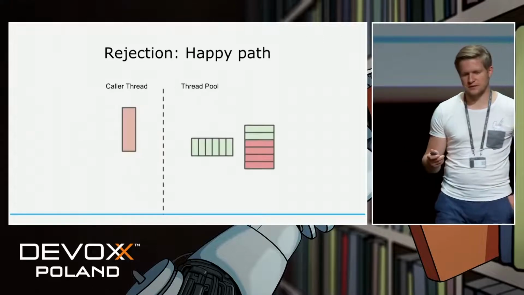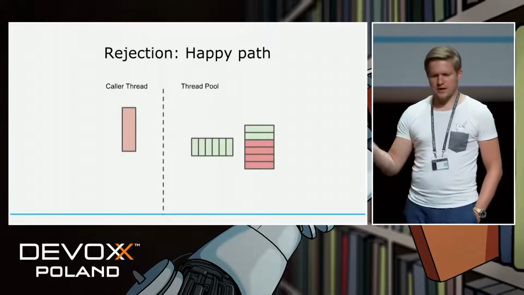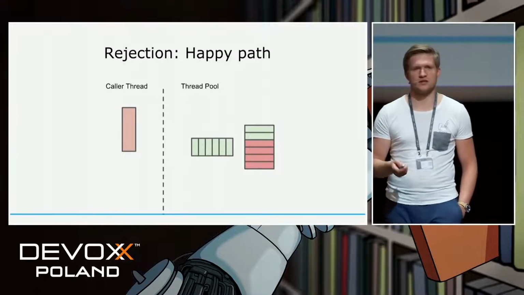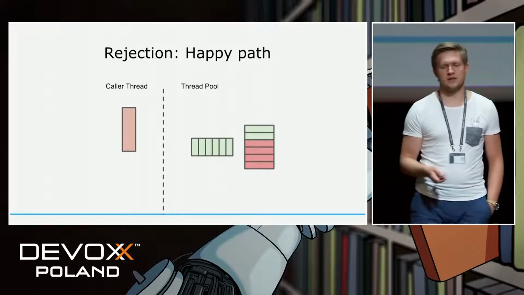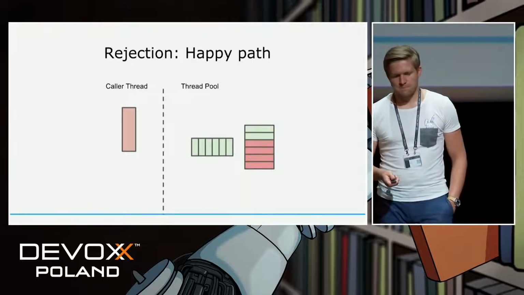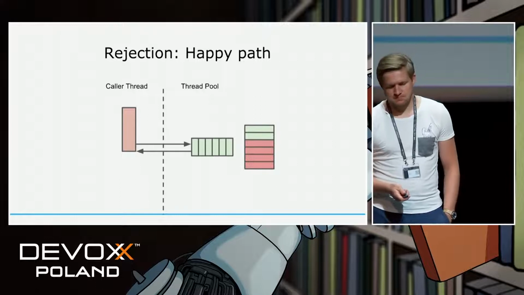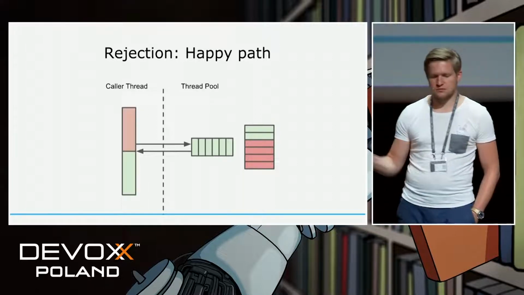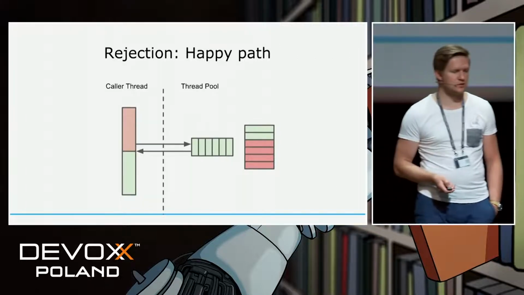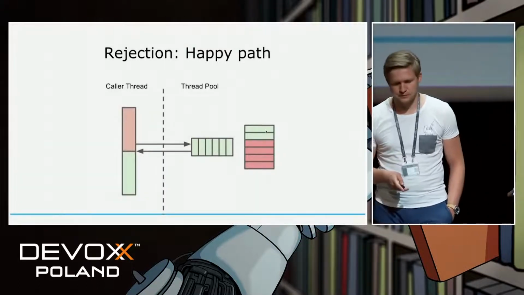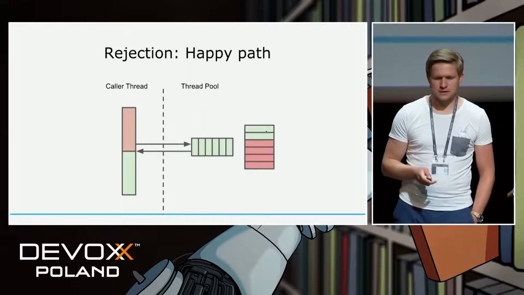So let's take a look at it. The happy path for us is that we have some thread which tries to submit some task to the thread pool, and it just puts a new task. Everything is fine, and it just gets executed on the thread pool in those threads. And everything is great.